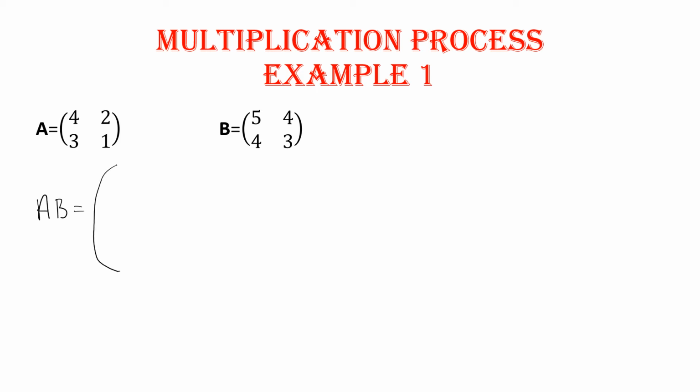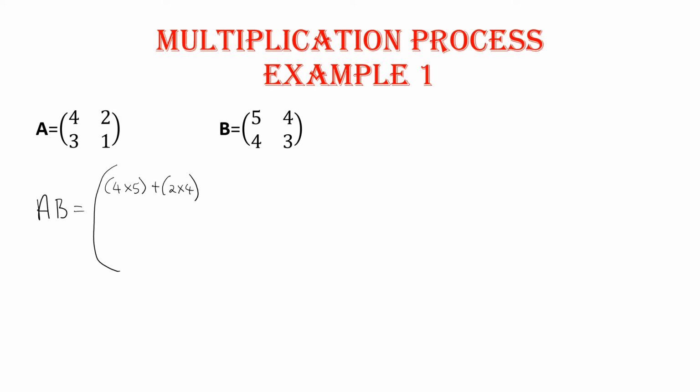So I will write it like this for now: 4 times 5 plus 2 times 4. The 4 multiplies with the 5, and then you add that to the 2 multiplied by the 4. Row by column. That's what I did.